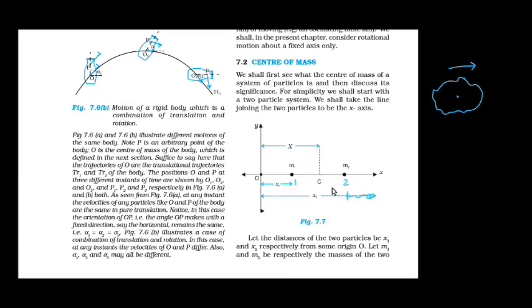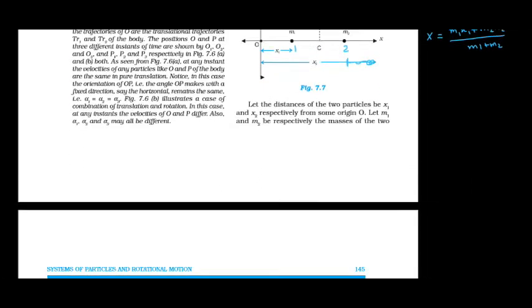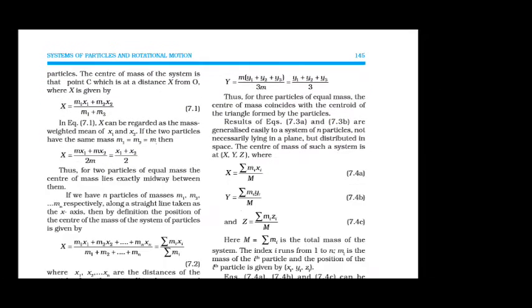So the center of mass X is equal to m1 x1 plus m2 x2 upon m1 plus m2. So this is the center of mass in this case. In simple language we have described this whole paragraph.